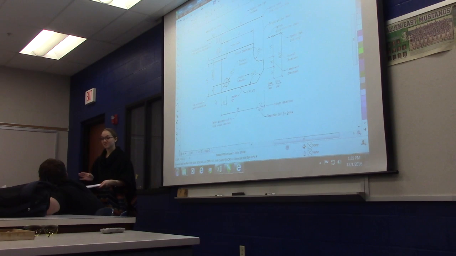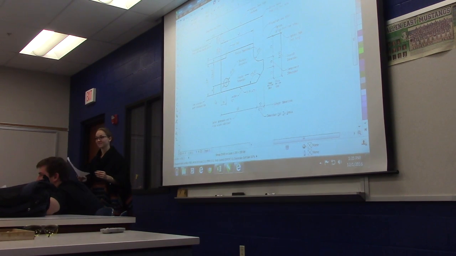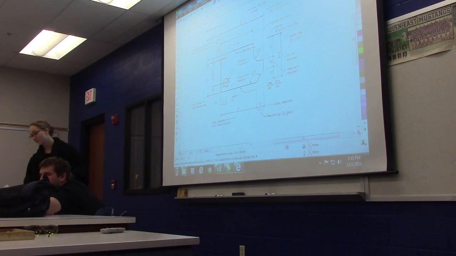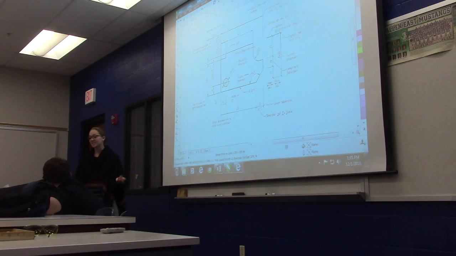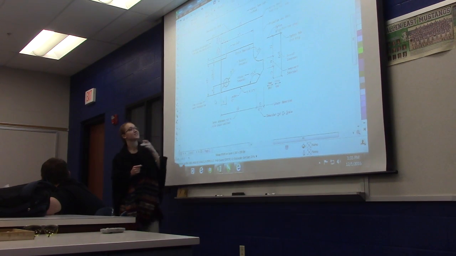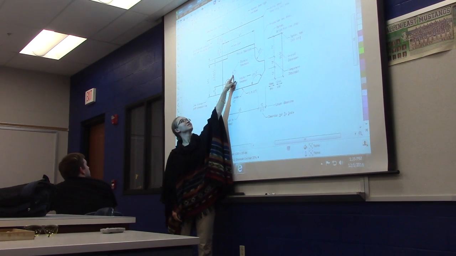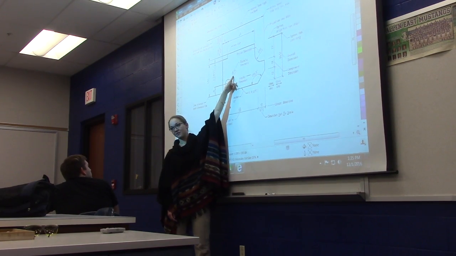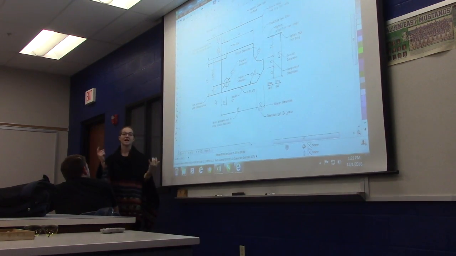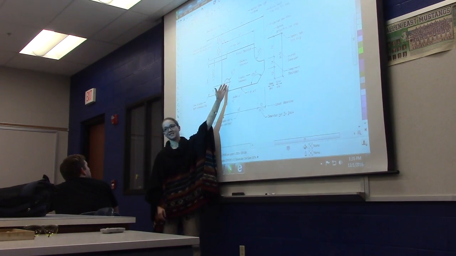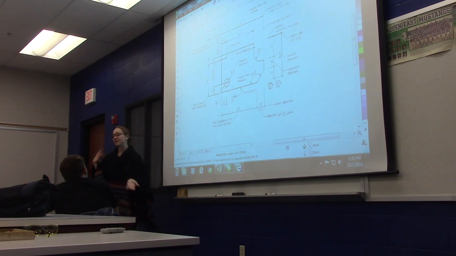Is there any questions on any of these rules? Is anything unclear? Okay, so now what we're going to do is, like how I gave examples, for instance, when I said if you're measuring a circle, it's measured by the diameter, not the radius. So if I came up here and said, well, this rule says this and it's followed on this drawing because it's measured by diameter, then you get a piece of candy.